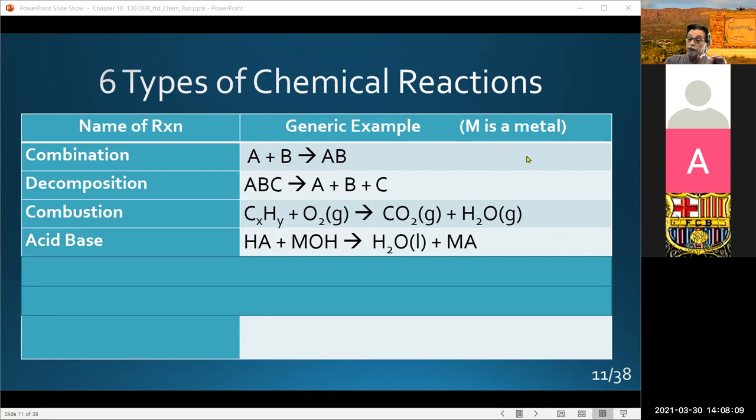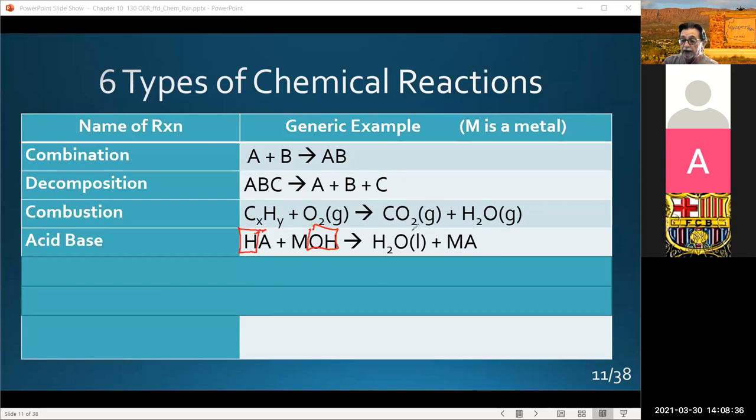We spoke about acid-base in the chapter on acids and bases. Remember that an acid is by definition anything that produces a proton, H+. And the base is anything that produces a hydroxide ion, OH negative.